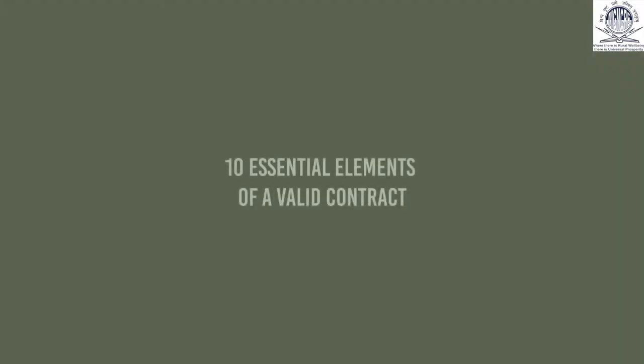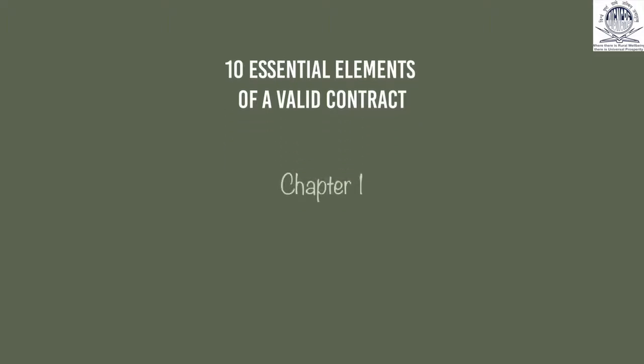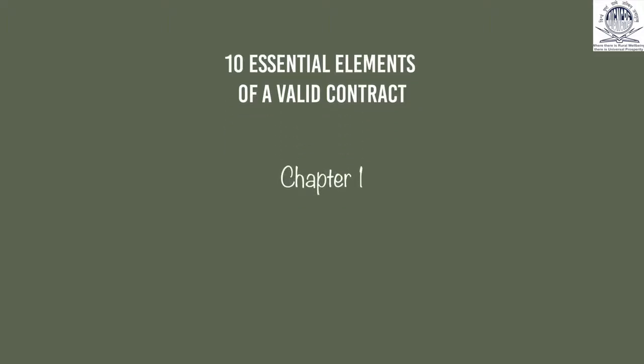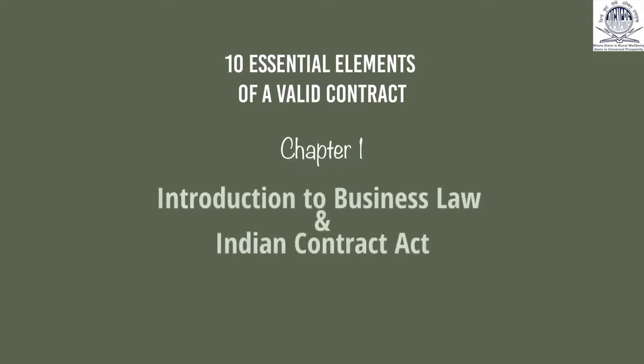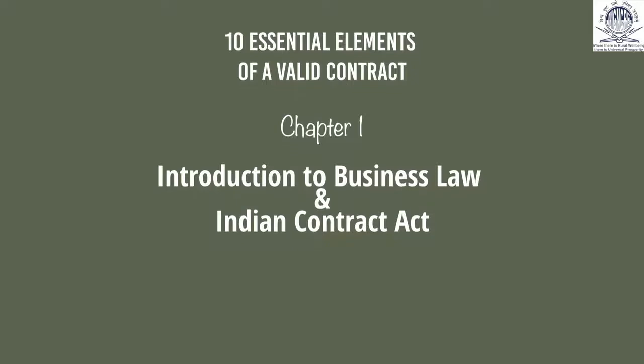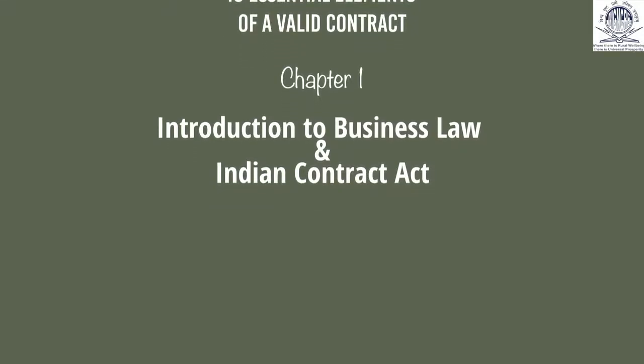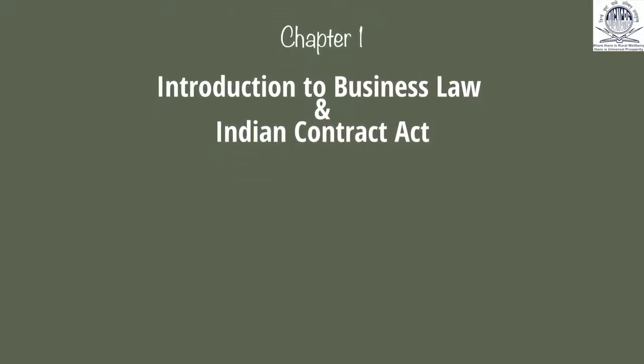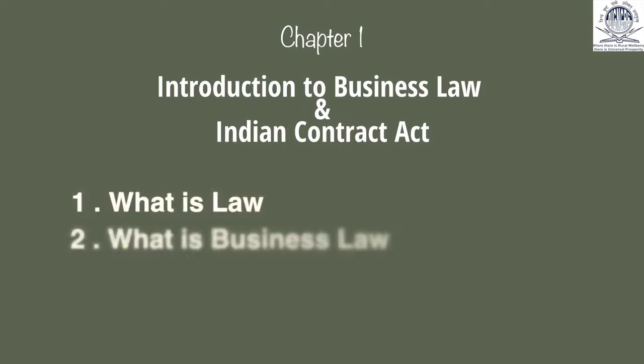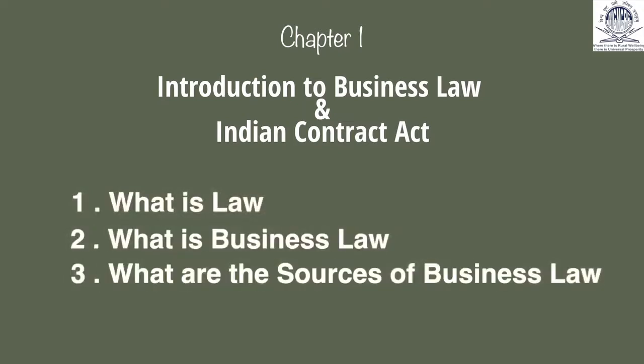In this module, we have covered 10 essential elements of a valid contract. So, this is from chapter 1 of business law. Chapter 1 heading is Introduction to Business Law and Indian Contract Act. As already mentioned, this chapter is covered in 3 modules. The first module we covered as the video lesson 1, that is, what is law, what is business law, what are the sources of business law.